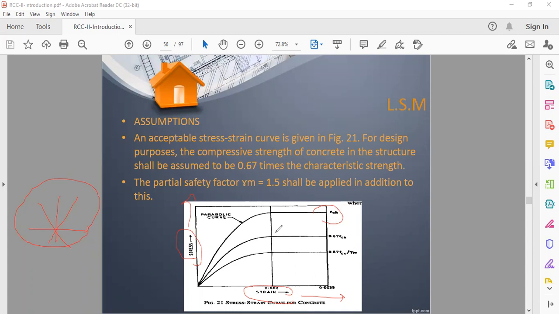Now, for design purposes, the compressive strength of the concrete in the structure shall be assumed to be 0.67 times the characteristic strength, and then we apply the partial safety factor. Why is this so? Because there could be certain loads that have not been considered, or workmanship is the major part.